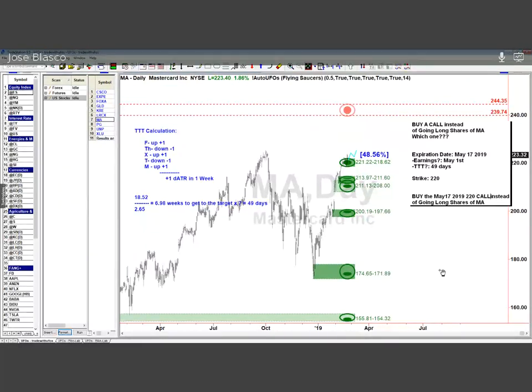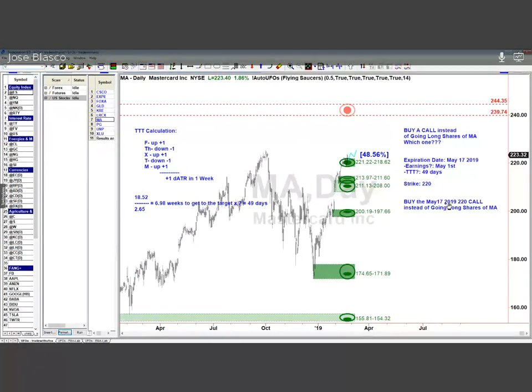So we're going to buy the May 17, 2019 220 call instead of going long shares. So that's what we're going to do, and it's decided.